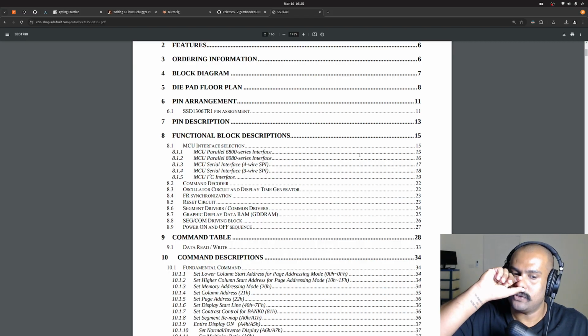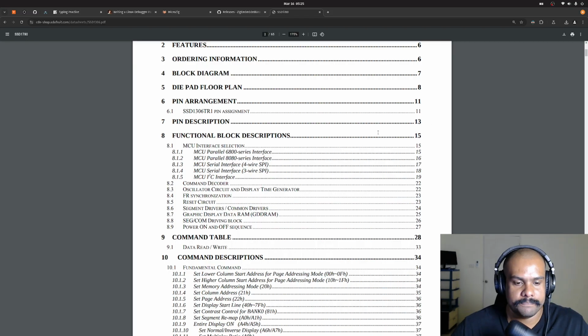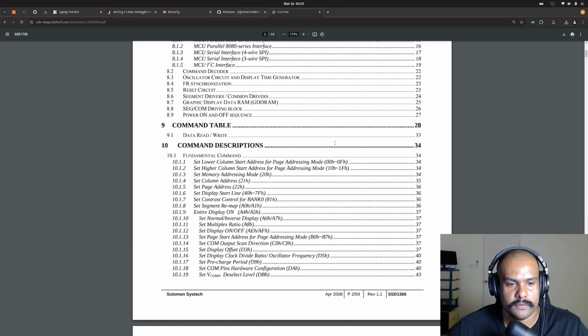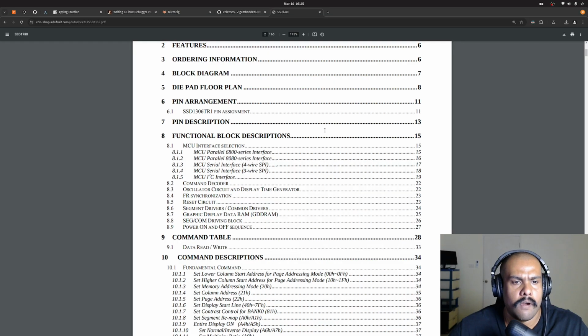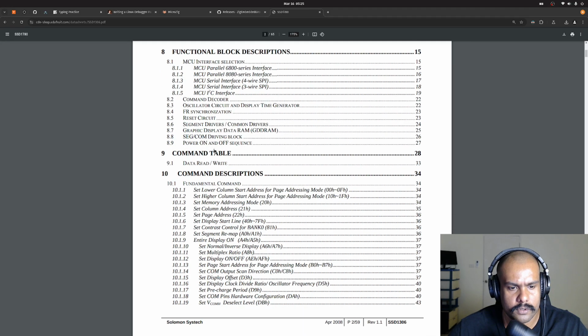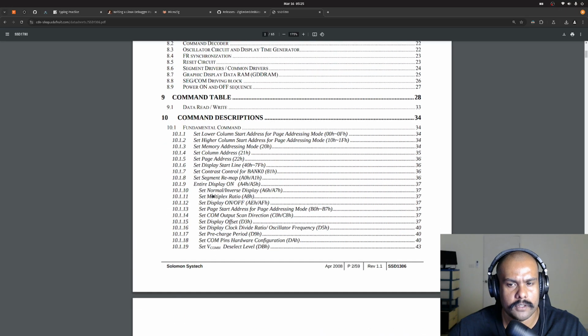Yeah, I've tried to read this data sheet before, but not sure I got much out of it. But okay. Right, there was an initialization. Segment drivers, common drivers, data RAM. Command descriptions. Okay.